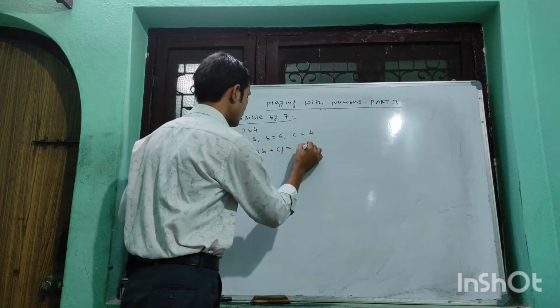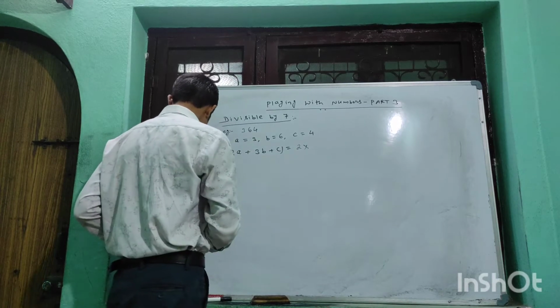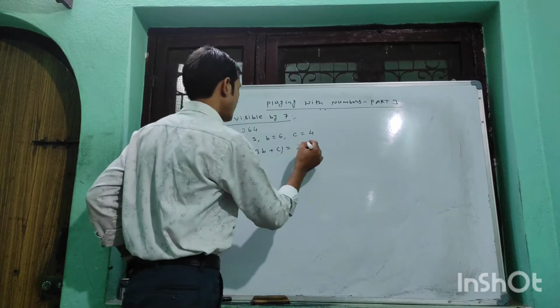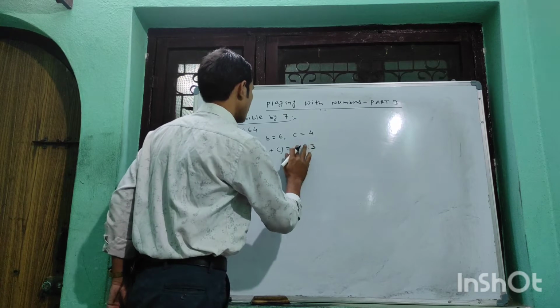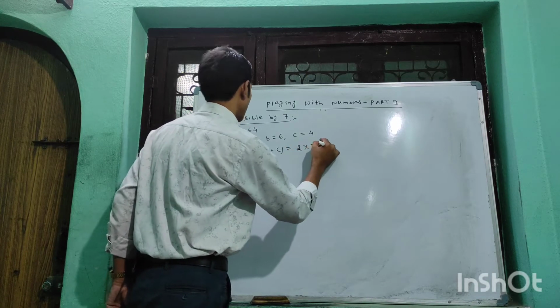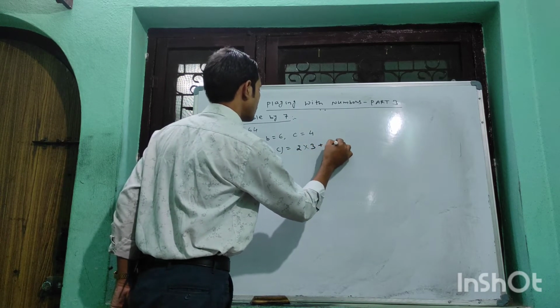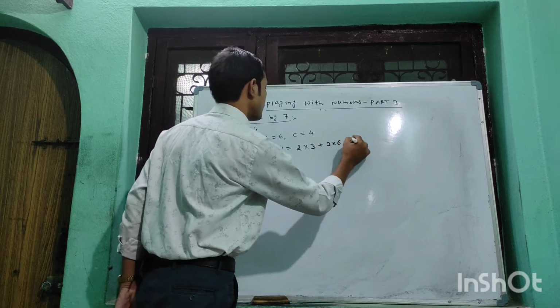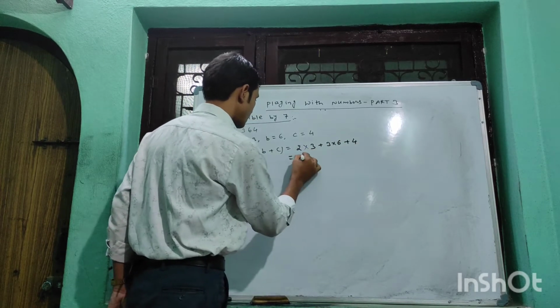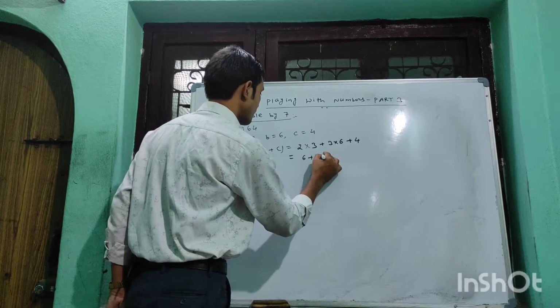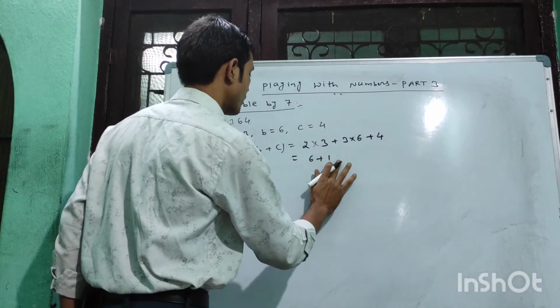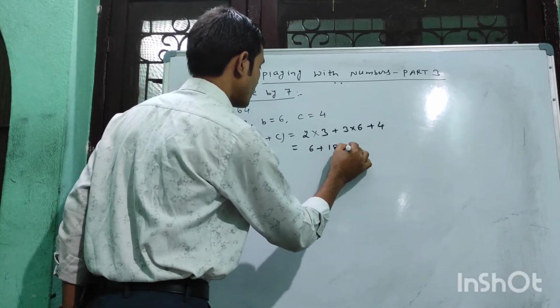So 2 into A value, which is 3, plus 3 into 6 plus 4, equal to 6 plus 18 plus 4.